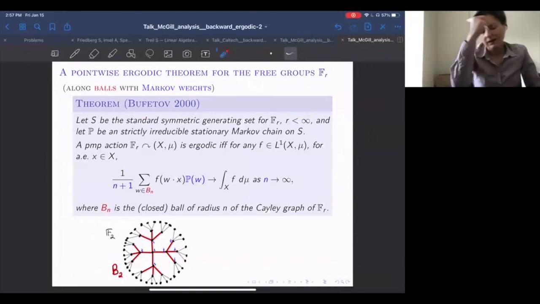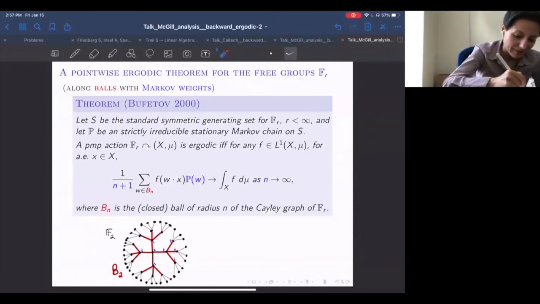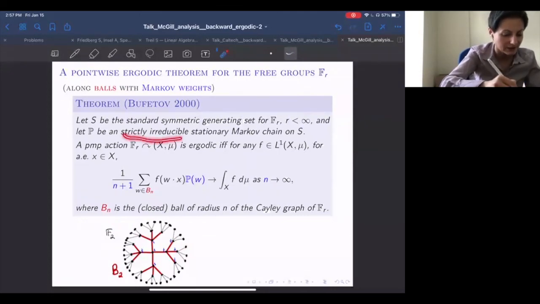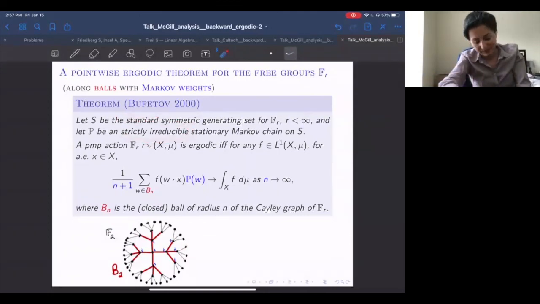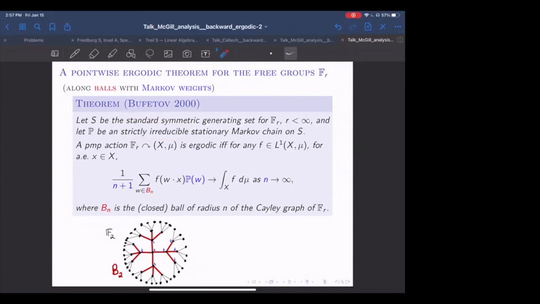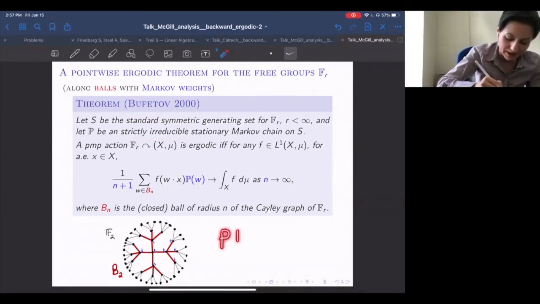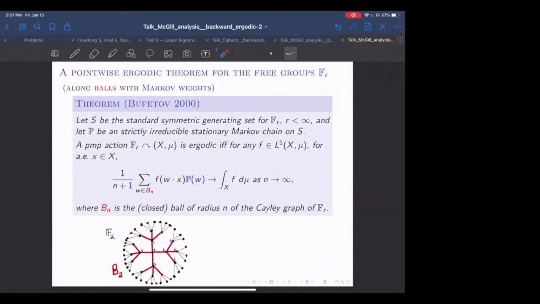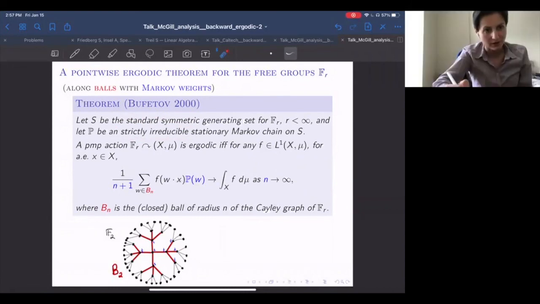I mean, it can't completely destroy a direction forever. So maybe you keep going in this direction, but then you have to allow going into this letter after some point, in the sense that this is an irreducible Markov chain. Strict means that P times P^T is irreducible. So it's even stronger.